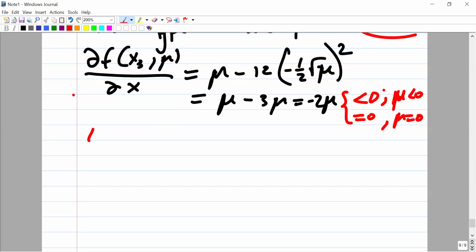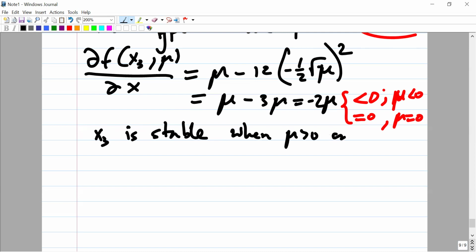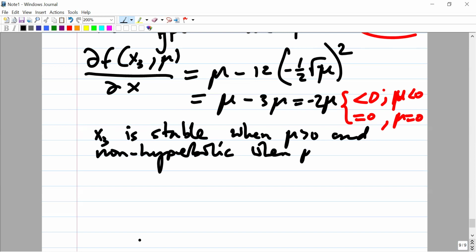So also we can easily conclude that x3 is stable when mu is greater than 0 and non-hyperbolic when mu equals 0.